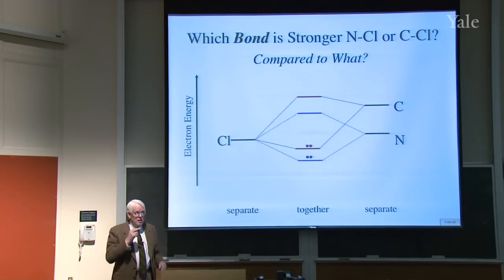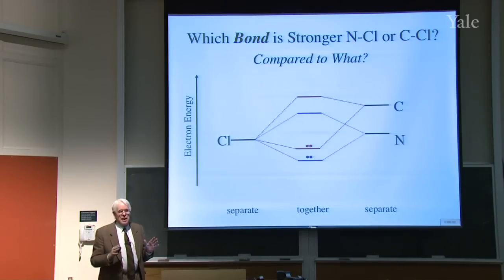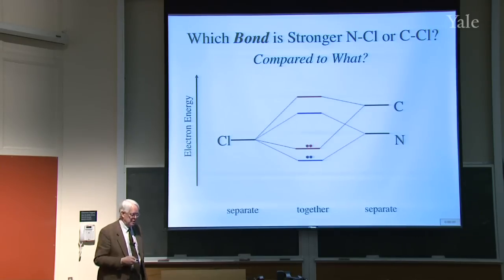Now, we've seen that we can understand that thing in terms of the energies of orbitals, the concept that was involved there. We start with a bond either with nitrogen to chlorine, which would have its electrons there, or carbon to chlorine, which would have its electrons down there.